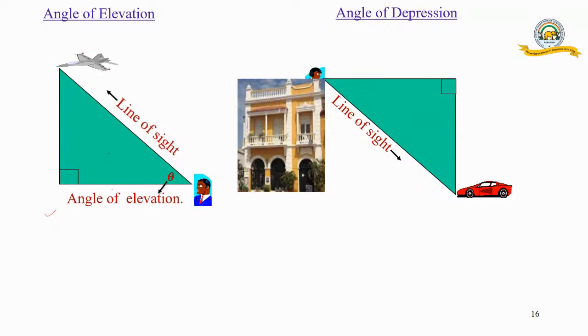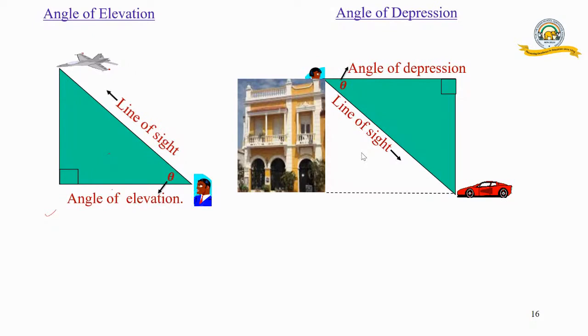So this is her horizontal direction of observation. And now to look at an object below, she has to look downwards. So this is our line of sight. And so we are naming the angle with the horizontal line and the line of sight as theta. And this is our angle of depression.